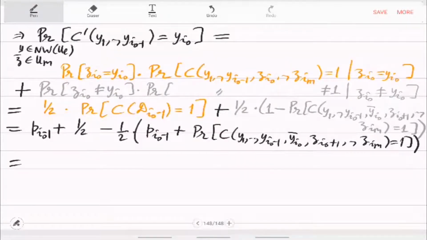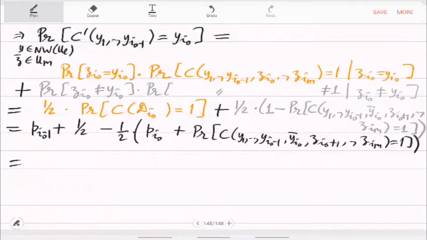Okay, so now what is this thing inside the bracket? Pi0 minus 1 plus this probability of C with yi0 negated. This is di0 because zi0 is actually yi0. So, we are using up to i0 prefix.